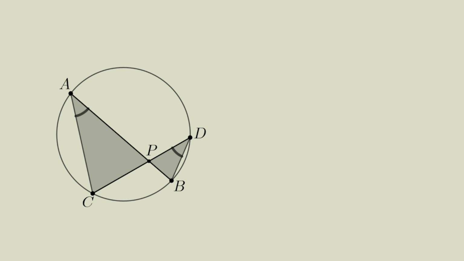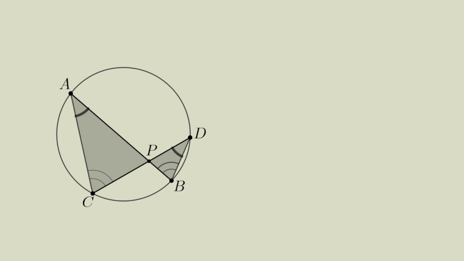Angle A is equal to angle D. In the same way, look at the angles that are below, angle B and angle C. Aren't they equal angles? Yes, they are. So in triangle APC and triangle BPD, angle A equals angle D and angle B equals angle C.